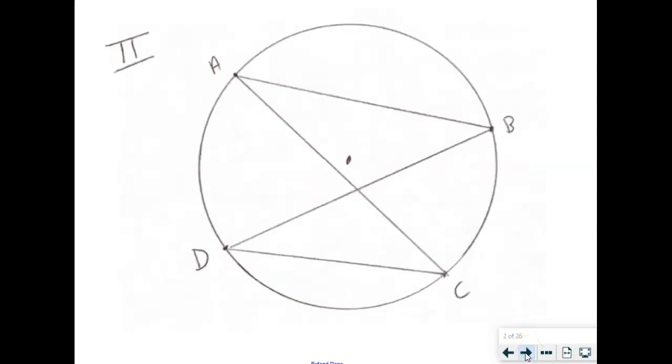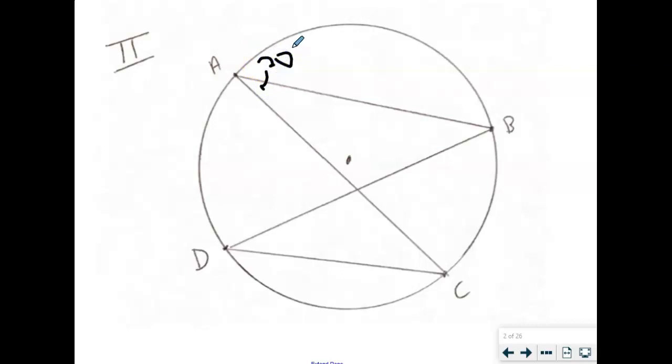All right, our second scenario. Now this one's a little different, but also the same, because now you've got several inscribed angles. So you've got A, B, C, and D. But there's a unique relationship going on. Everybody look at angle A. Angle A, we're going to say, is 20 degrees.